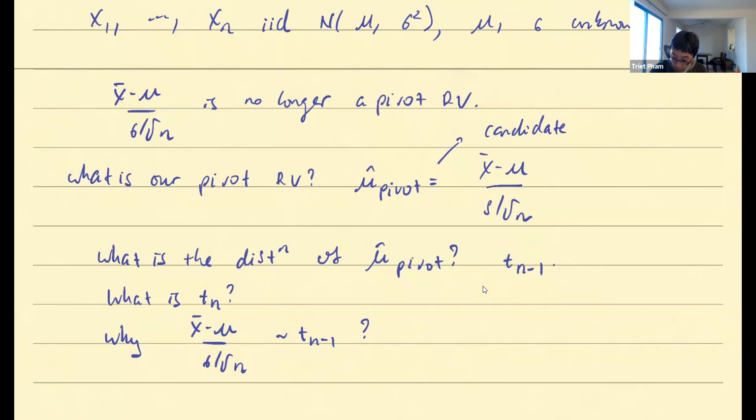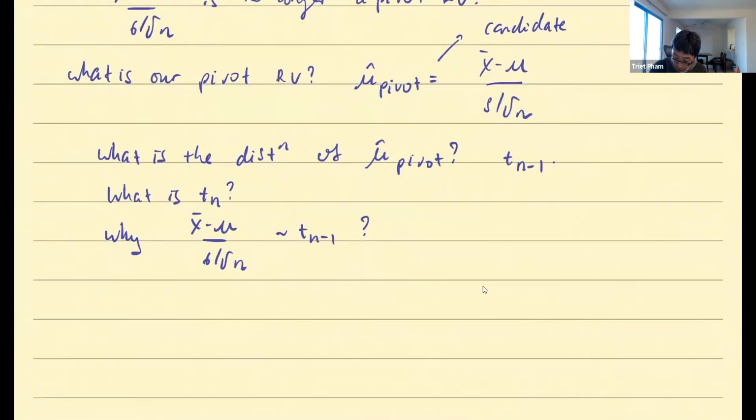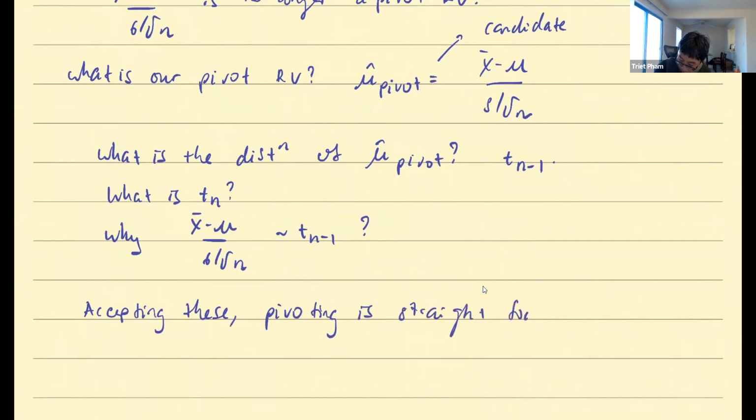But if you have this, then you see the pivoting step is very easy. Accepting this, pivoting is straightforward. Assuming that, what is T n here, you will discover that it's also symmetric. It's almost like a bell shape, with a fat tail.